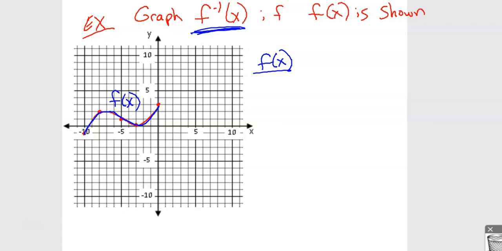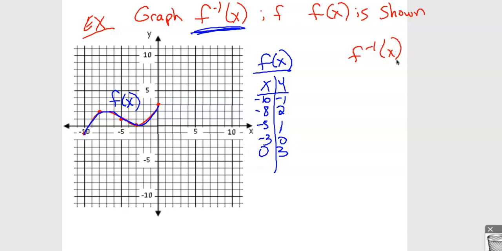That's the original. And each point, if you make an xy chart, so I have -10, -1. I have -8, 2. I'm just plotting the points there, or writing the coordinates of the points. So -5, 1, -3, 0, and 0, 3. And then the inverse function, I'm going to take the x and y's and swap them.